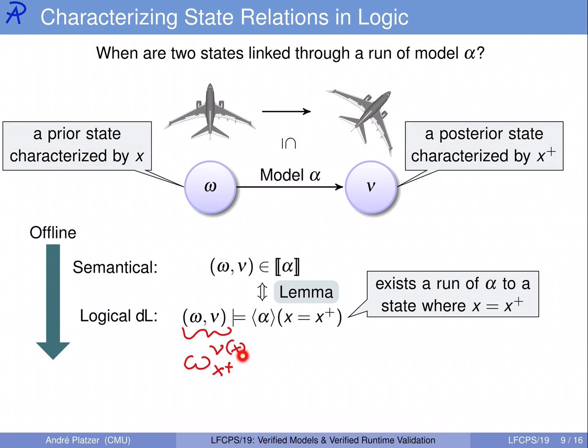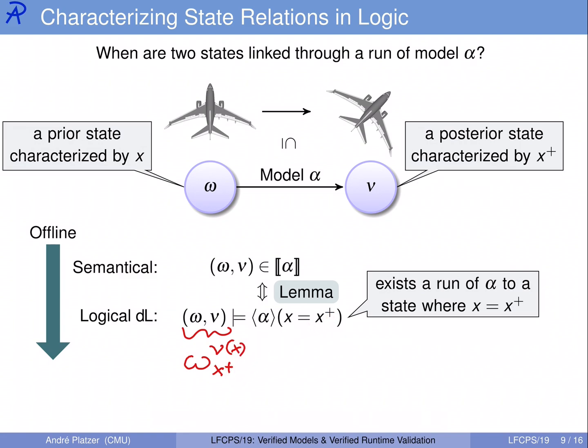In other words, in this state x plus will assume the value that x has in the new state, and because x plus isn't changing while alpha's model is running, that means at the end it will still have precisely the values that x apparently has gotten to.